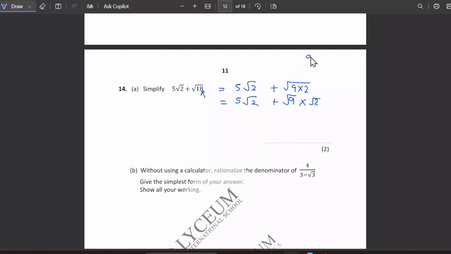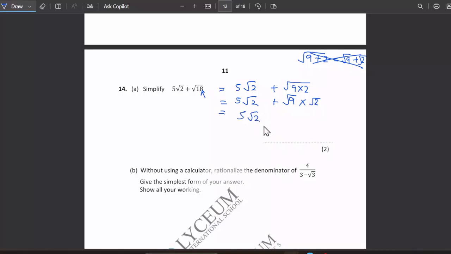We cannot do it for addition or subtraction; if we wrote it like this, it is wrong. But if multiplication and division are there, we can separate this into two square roots.